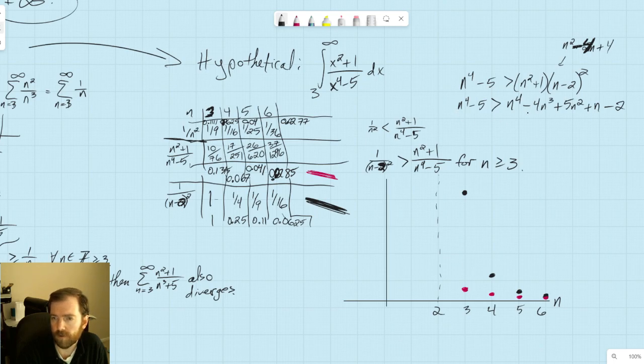This can come over, or this stuff can go over that way, I don't really care. 0 is greater than... so we're going to get a negative number. This is 4n to the 3rd plus 5n squared plus n plus 3 for all n values greater than or equal to 3.